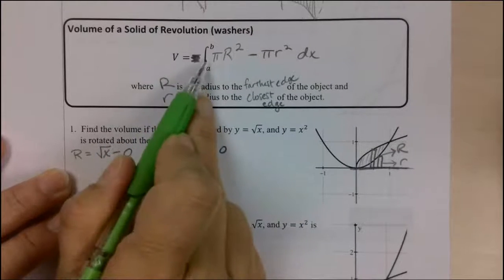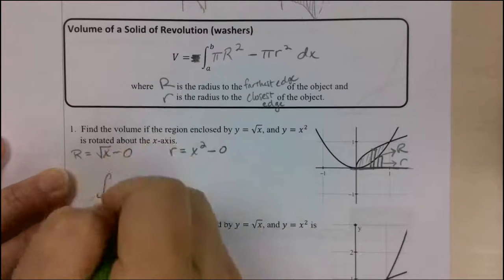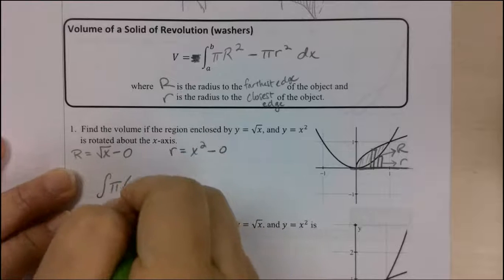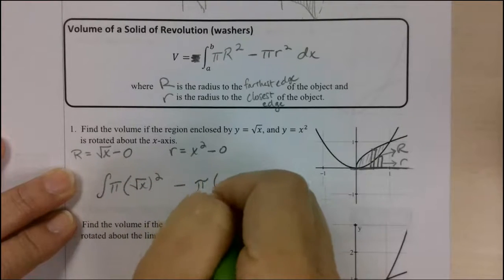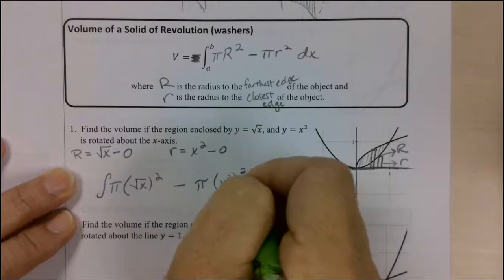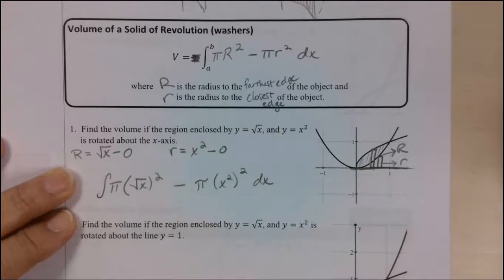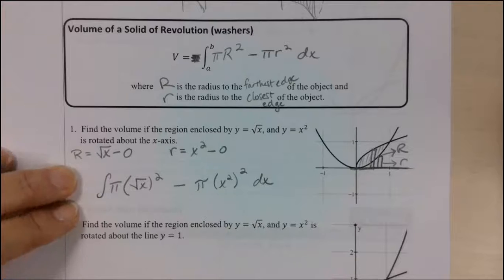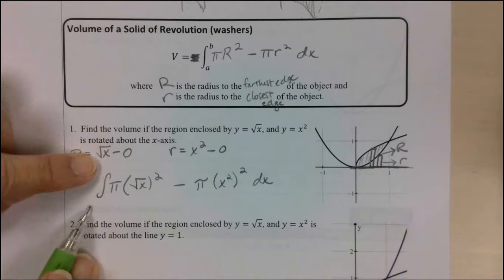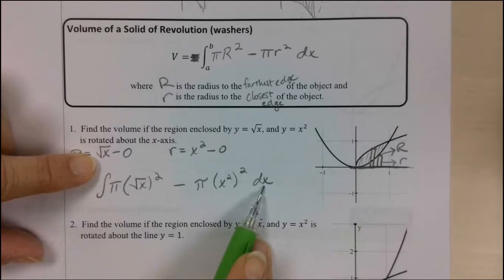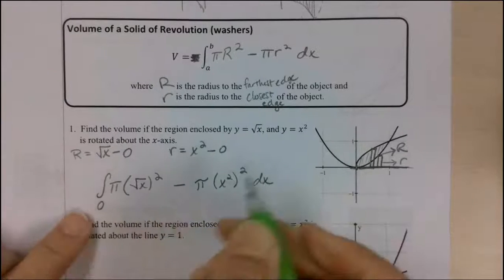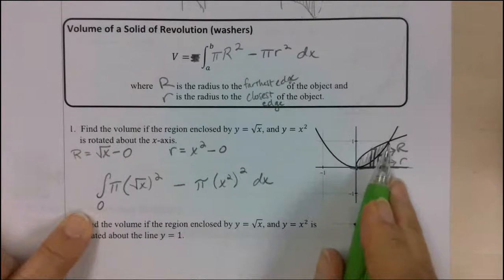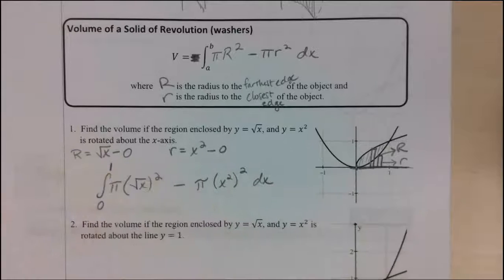I can plug into our formula here. Integral of pi times big R squared minus pi times little r squared dx. And I do need limits on my integral. They do need to be x numbers because this is a dx. I can see that I'm starting this region at 0 and I'm stopping the region at 1.